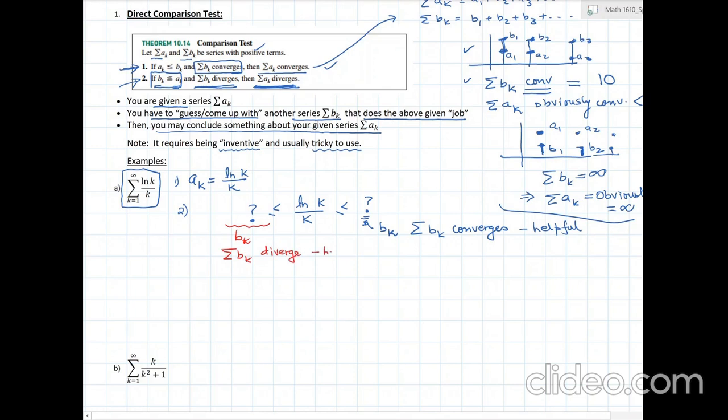Only then it's helpful, otherwise it's useless. So that is the first tricky part.